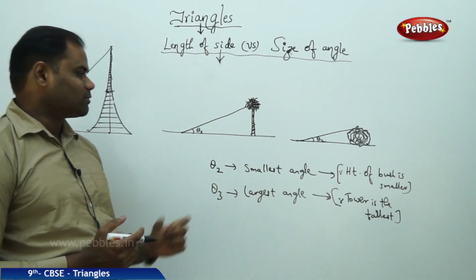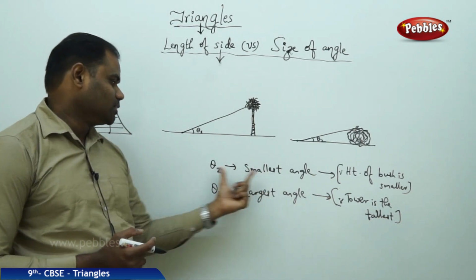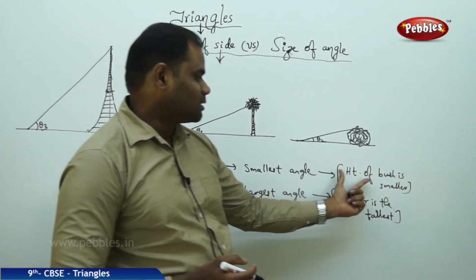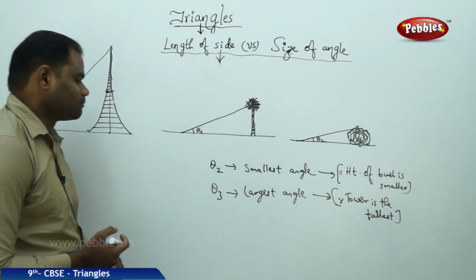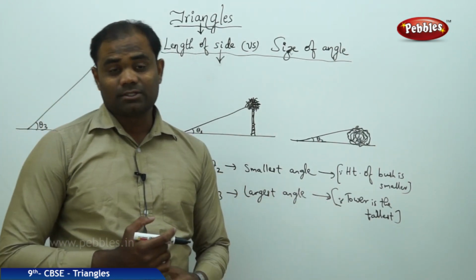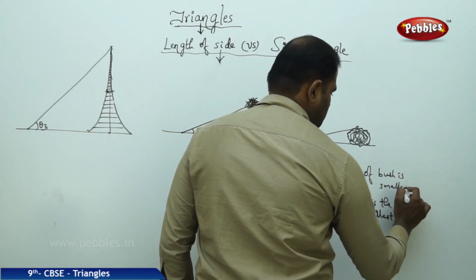Therefore, the least of all the angles theta 1, theta 2 and theta 3 is identified to be theta 2, which is the smallest angle, simply because the height of the bush is smaller, and theta 3, which is the largest angle, because the tower is the tallest and the bush is the smallest.